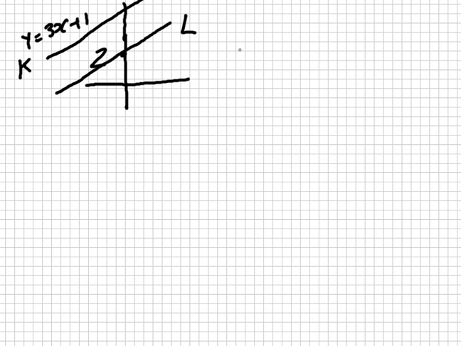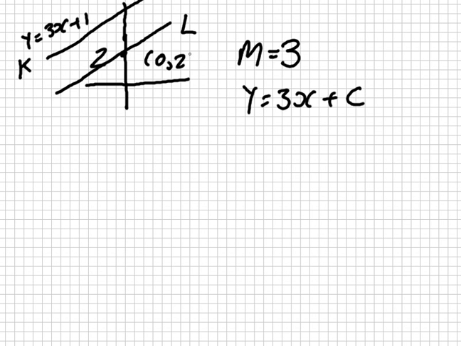So I know the slope of this line must be 3. So I have y equals 3x plus c. Now I also know a point on this line. It's the point 0, 2. So I can put that point in and I get 2 equals 0 plus c. So c equals 2.